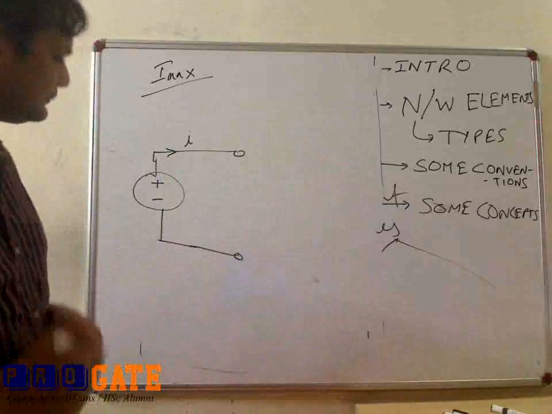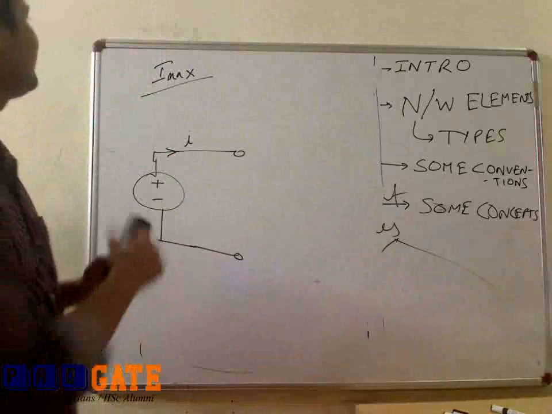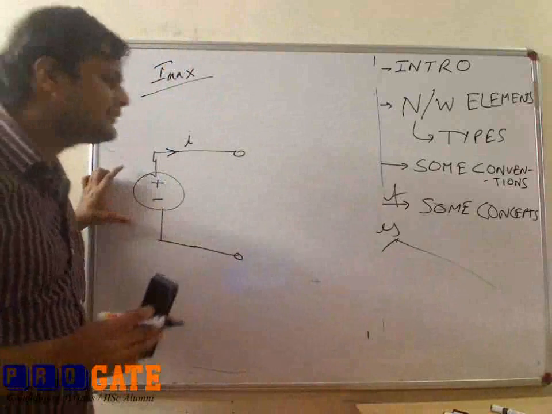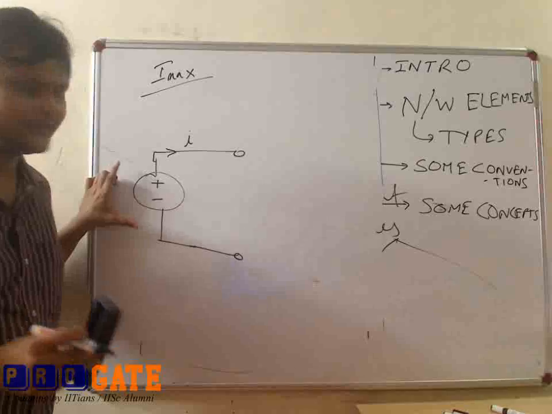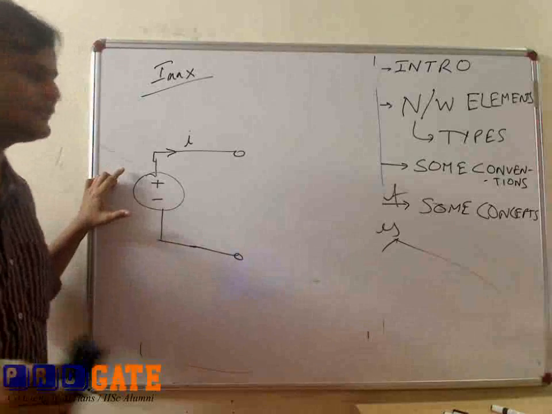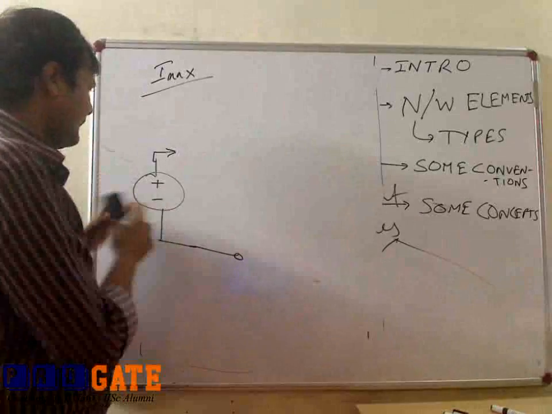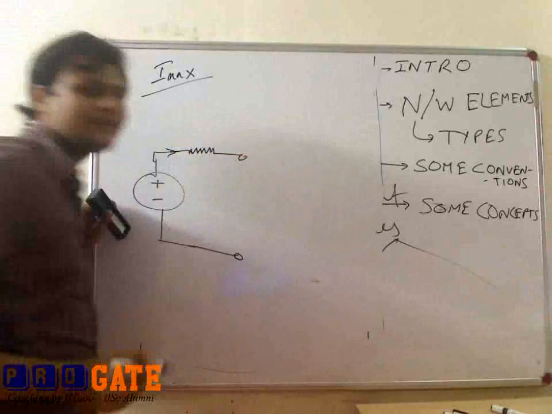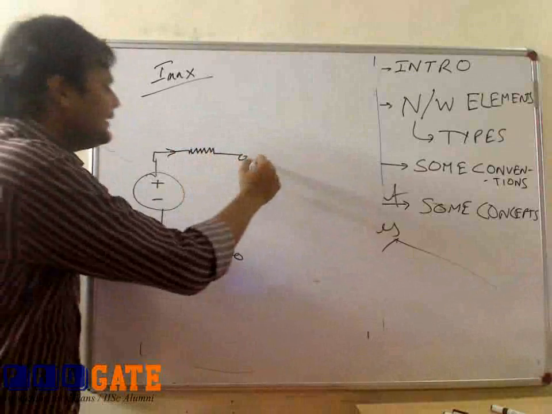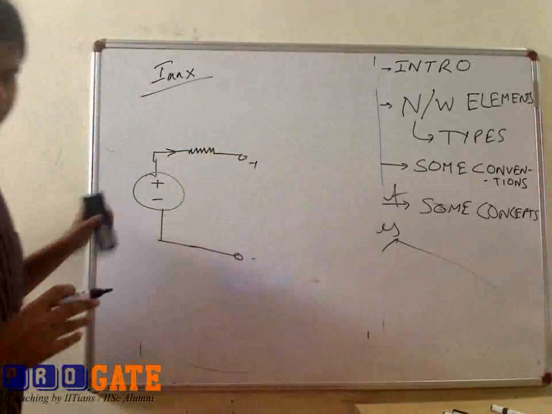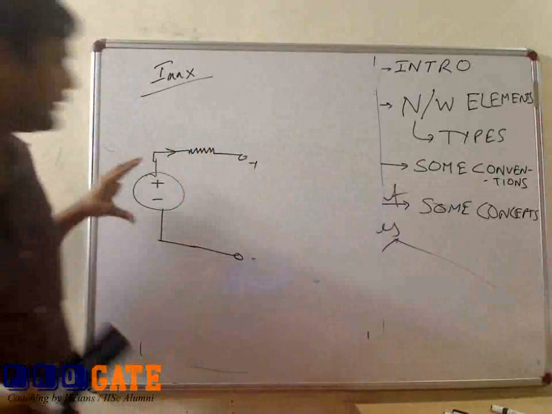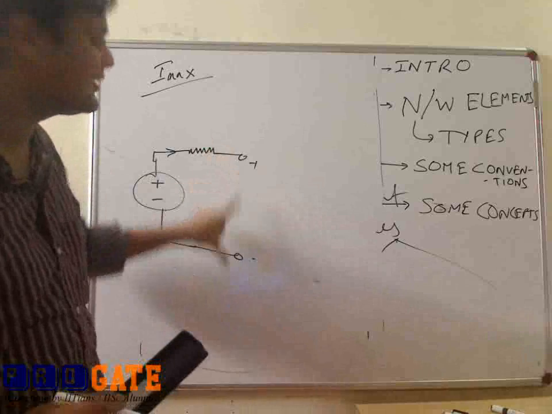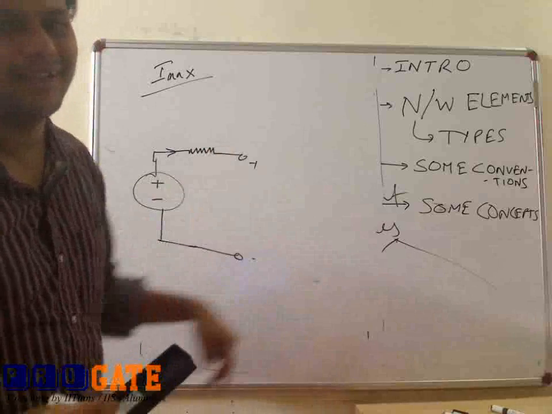What is the reason behind it, and how can we model this practical voltage source using the ideal voltage source? Simply, if I am drawing current from this source, the voltage at the terminals drops. If the current is increasing, then the voltage across the terminals is also dropping.